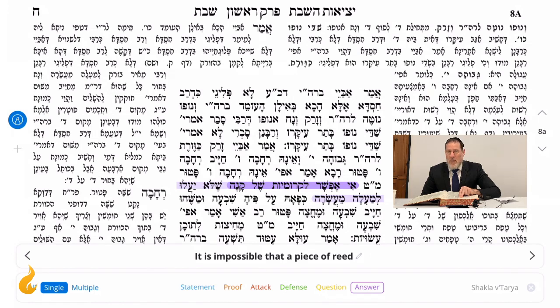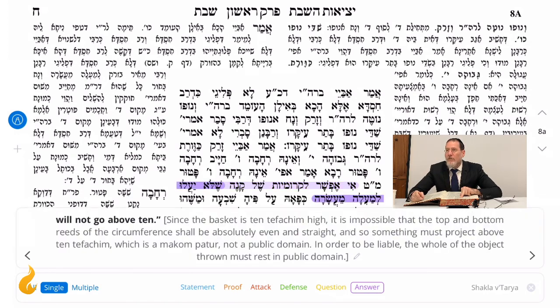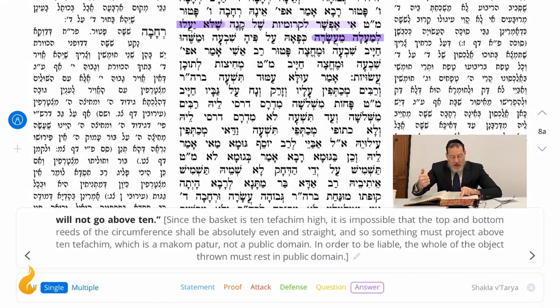And the way people made keilim out of reeds is that it wasn't perfectly finished outside, or the way they considered it perfect is you had certain slivers of reeds that protruded outwards and upwards. So he says, if we're speaking about a basket that's 10 tefachim, it's for sure some of the reeds will protrude l'mayla m'asara. And when do we say that you made an act of transference from one domain to the other?